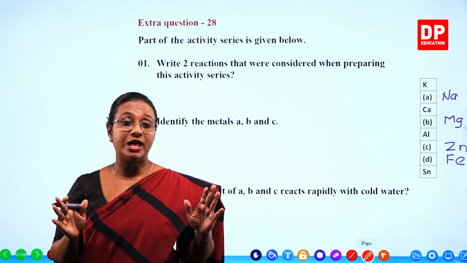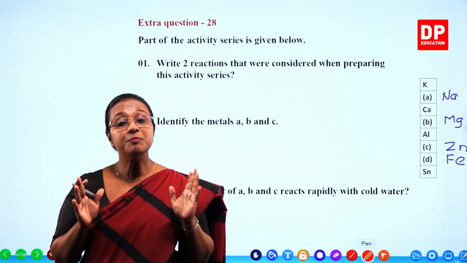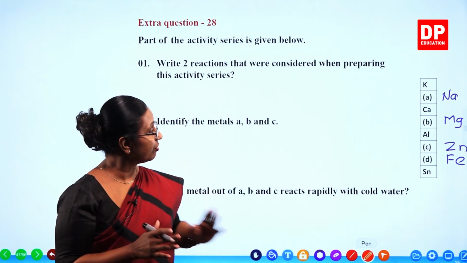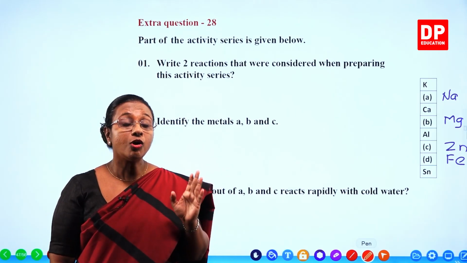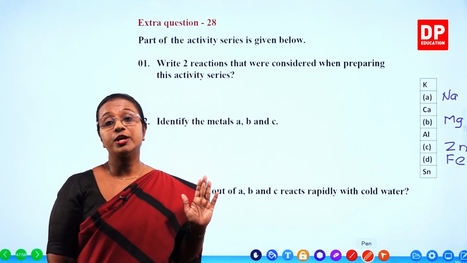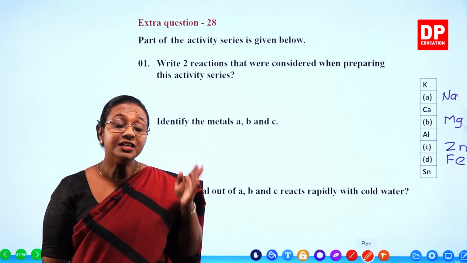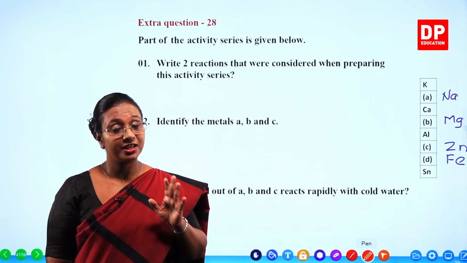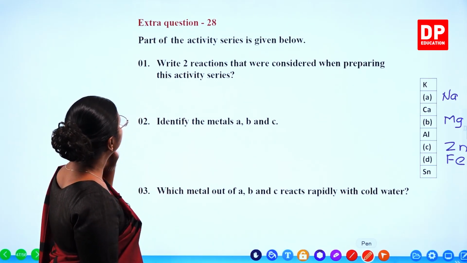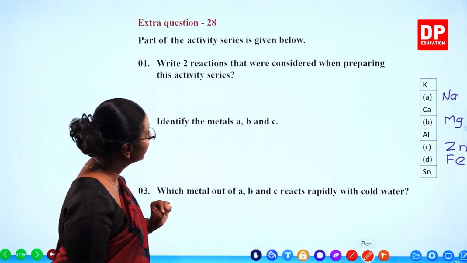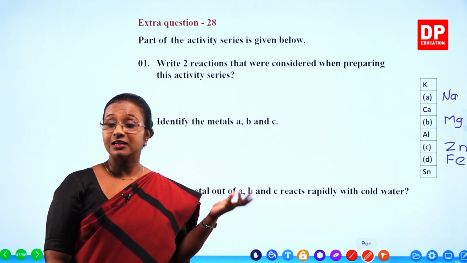In addition to that, you all know they consider many other properties and then only they have arranged these metals in the activity series according to the descending order of reactivity. That is the decreasing order of reactivity. Is that clear, students? So then, they want us to write 2 reactions that were considered when preparing this activity series.